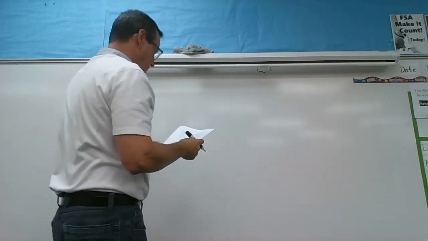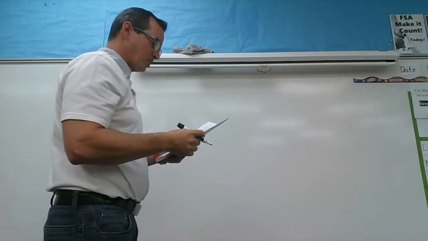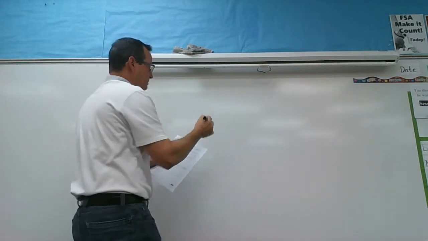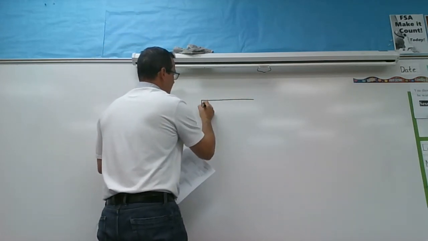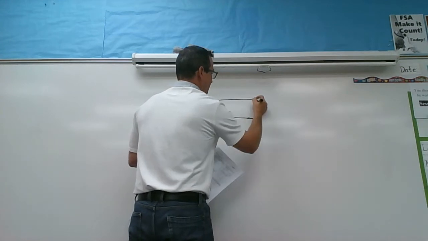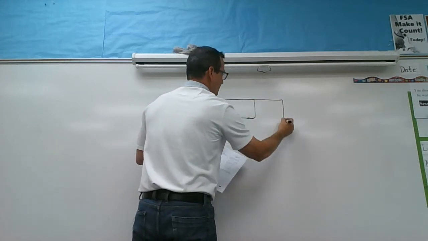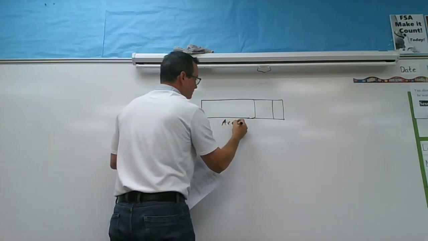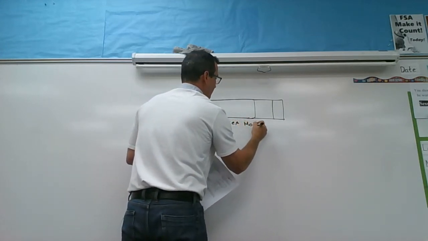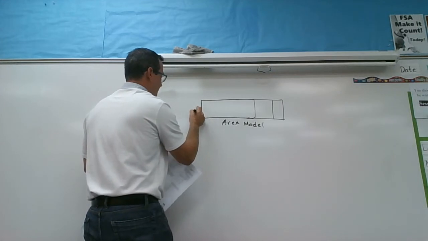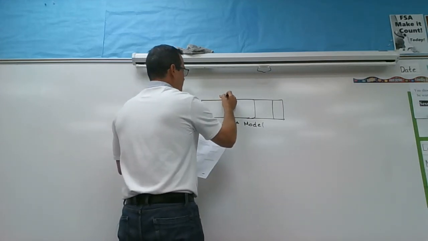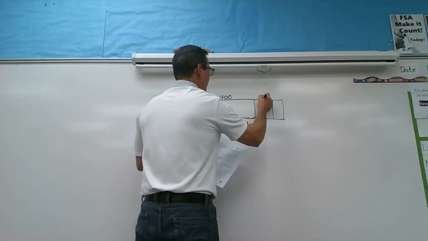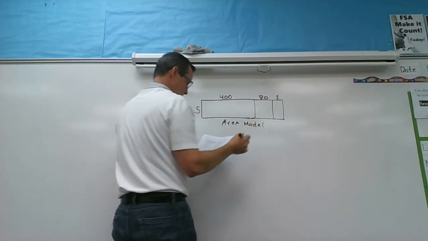Question 4. Mario made this model to find the product of a 3-digit number and a 1-digit number. So we have a model like this. And this is referring to the area model that we've been working on. So we have 5, 400, 80, and 1.